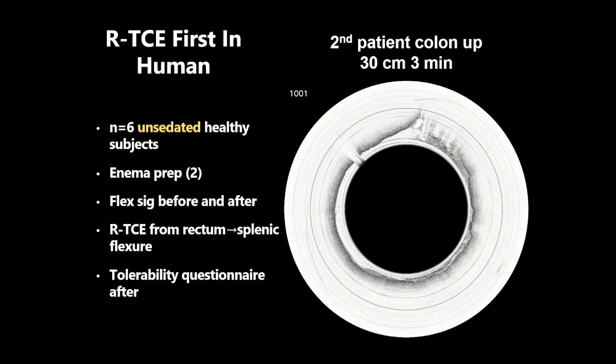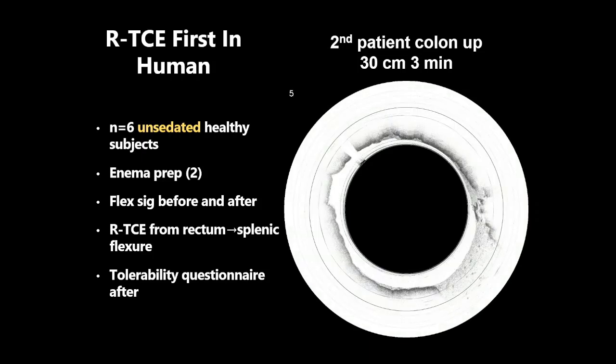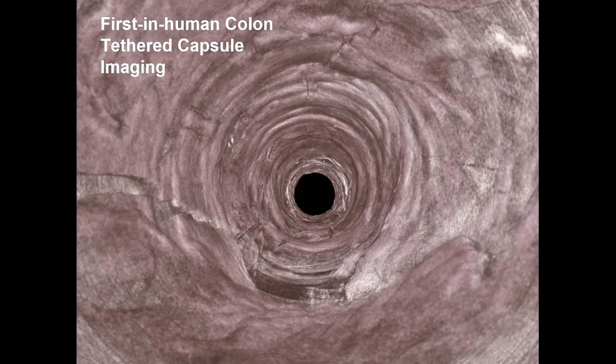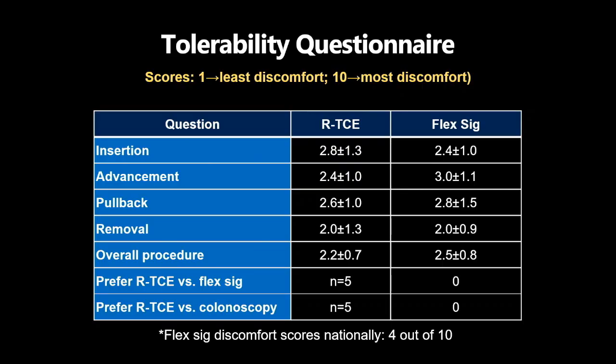We've done this now in patients, and they're unsedated. These are enema-prepped patients when we've gone up to the splenic flexure, and we're able to get really beautiful OCT images of their whole colon. And this is just a fly-through photograph of the folds that you can see in the colon from the OCT images. What was really nice is that the patients tolerated this procedure very well.